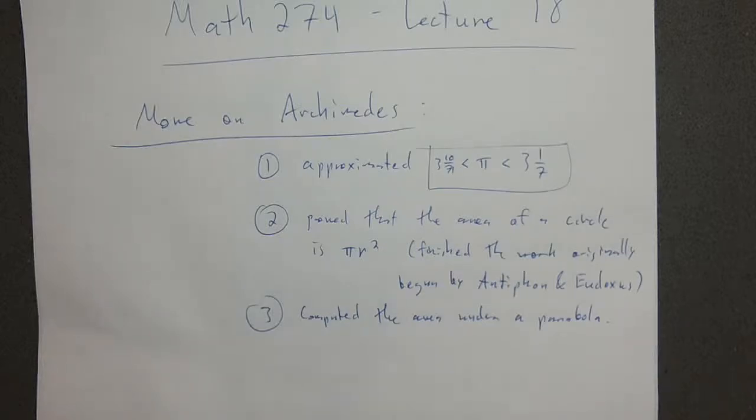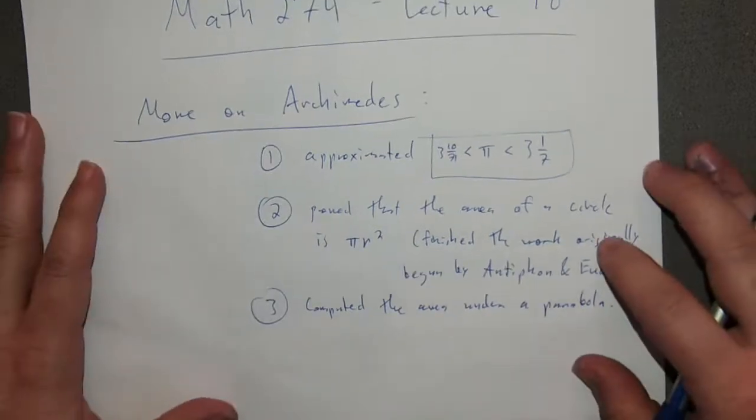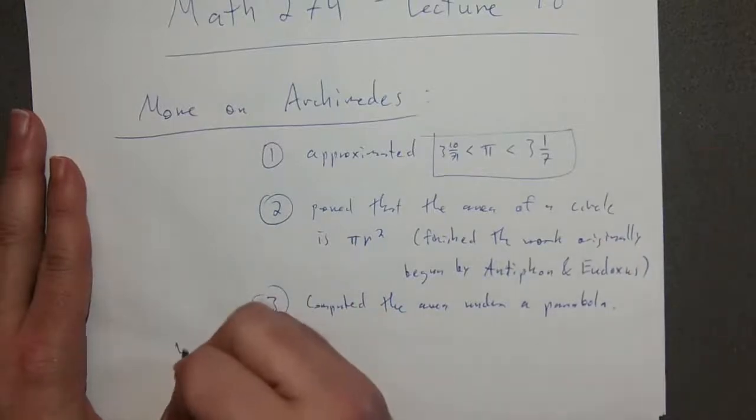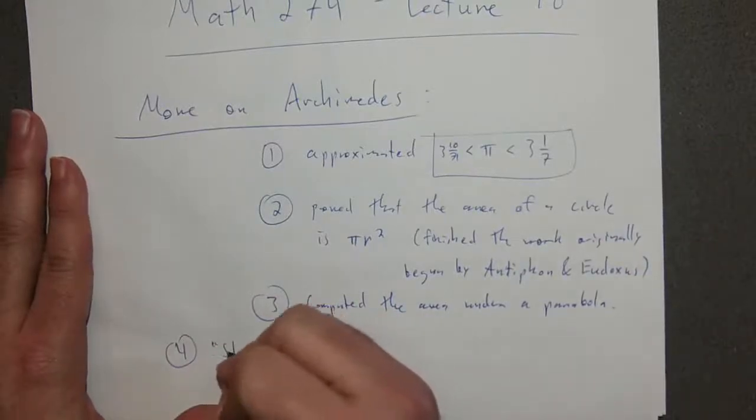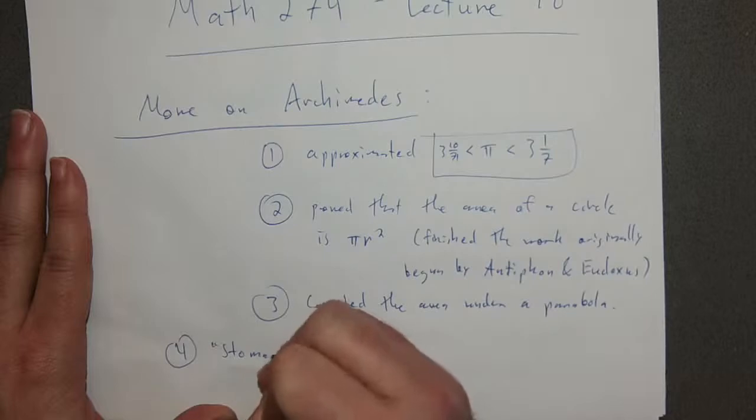They were basically lost soon after Archimedes lived, and were only discovered much, much later. An example of that is a work that Archimedes did called the Stomachion, which is basically a combinatorial puzzle.